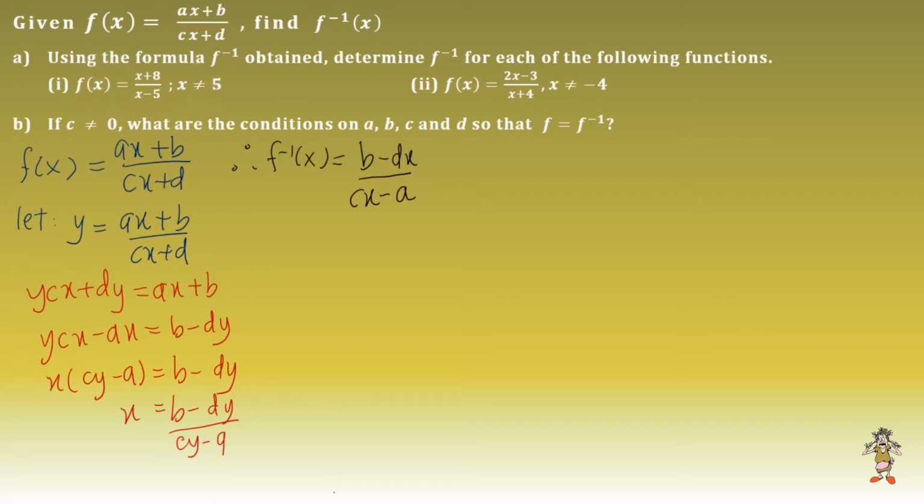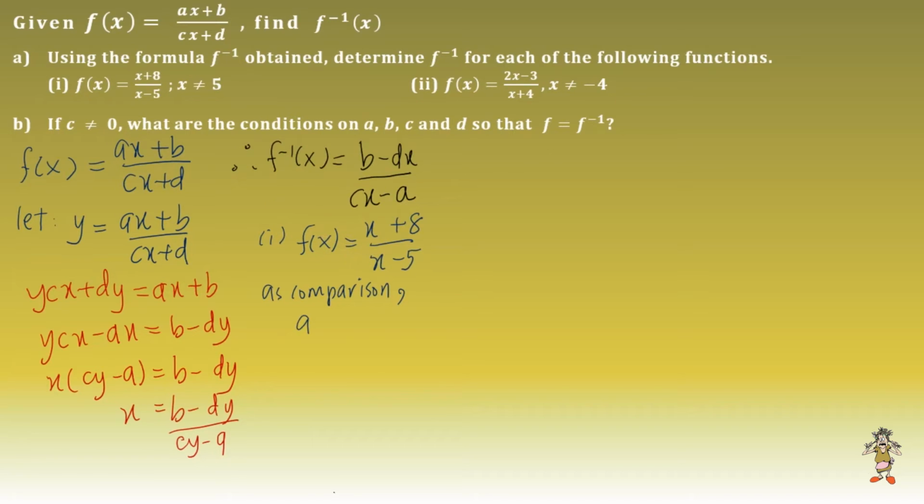So we compare the first one, f(x) equals (x + 8) over (x minus 5). From here, as comparison, you compare this f(x) with this f(x). Compare these two first, right?